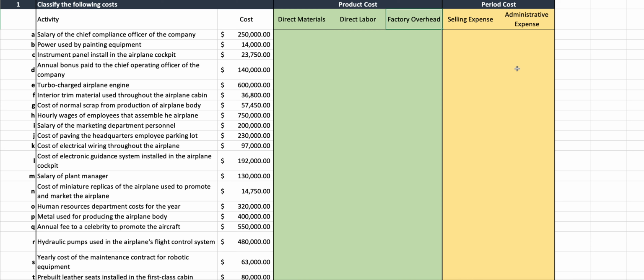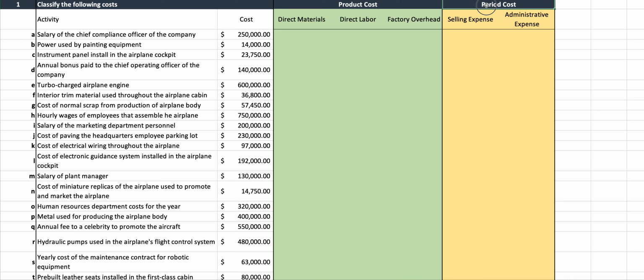And so we lump it into factory overhead. Product costs end up on our financial sheets as inventory or inventory in process, right? Once we sell the product, it shows up on those financials as cost of goods sold.